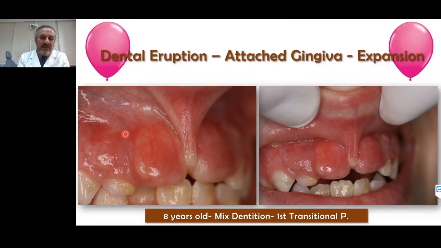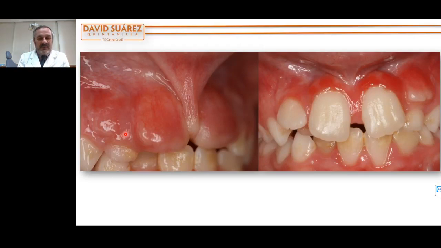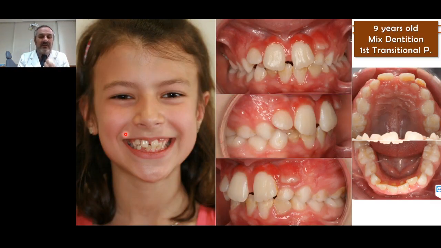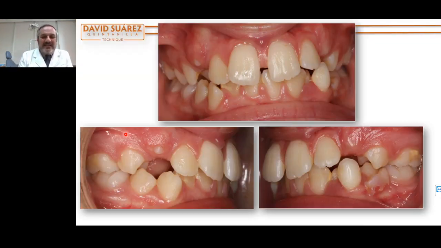Then another problem during the alignment is the dental eruption and the attached gingiva. It's very important to control the periodontal problem in the patient. This is a patient with a very severe problem with eruption, because the upper incisor and the lateral incisor are in free mucosa, not in attached gingiva.